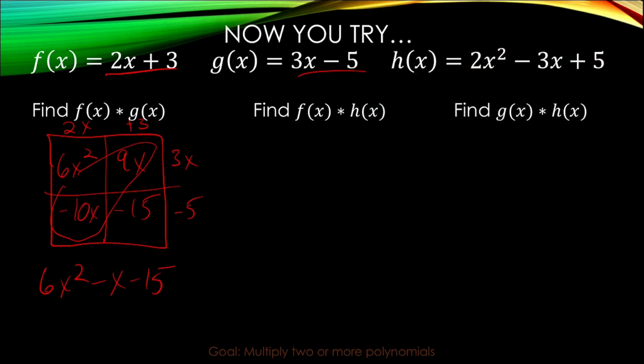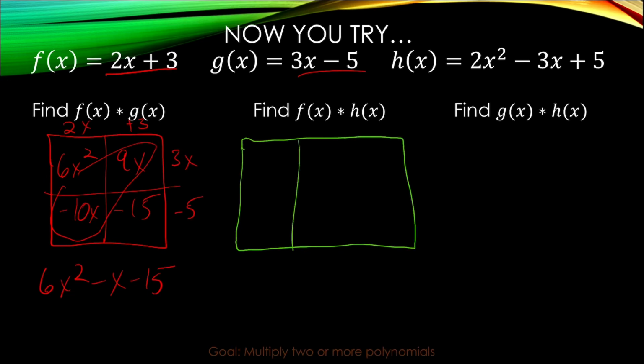Now let's change colors here. f of x times h of x, so we're going to do a 3 by 2 here. I'm going to do h of x on the top. It doesn't matter where we put these. 2x squared minus 3x plus 5. We get 2x plus 3.